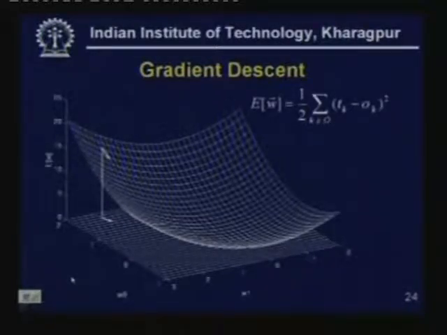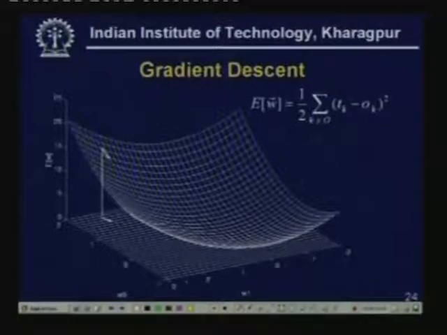Now, the error surface, the error depends on the weight vector as I have mentioned. Now, suppose we have a very simple system or simple learning problem where there are only two weights W0 and W1.